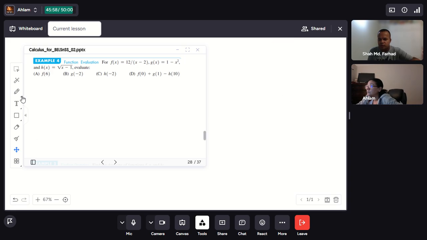Calculate the first one. We are given f of x equals 12 over x minus 2. Then find f of 6. How can we find it? We just have to substitute x by 6.